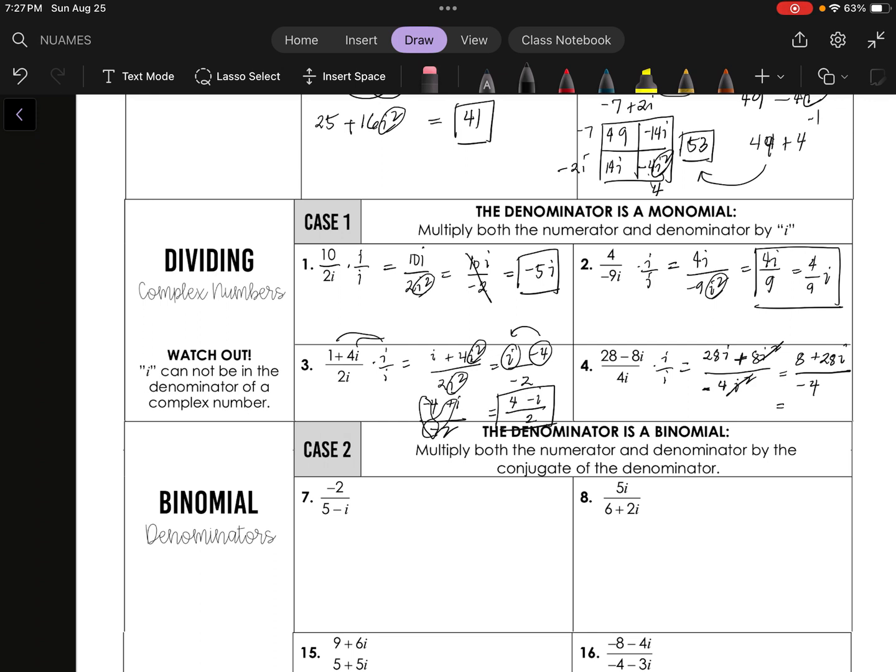That gives you negative 2. And then 28 over negative 4, that gives you negative 7i. That will be your final answer.